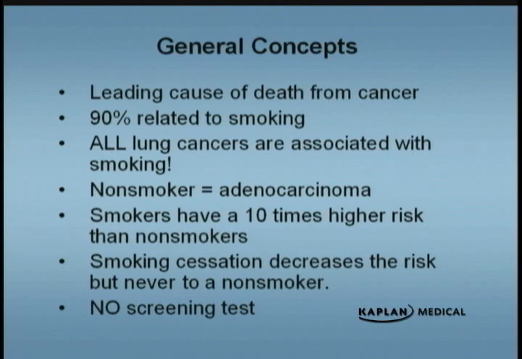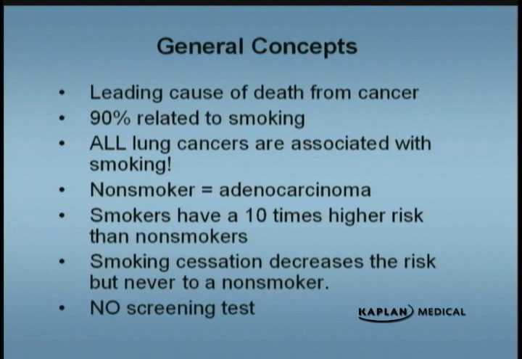90% of all the cases are related to smoking. All lung cancers are associated with smoking. Please be careful of that. I always hear patients and students tell me, no, adenocarcinoma is not associated with smoking. That is wrong. It is associated with smoking. All lung cancers are associated with smoking.